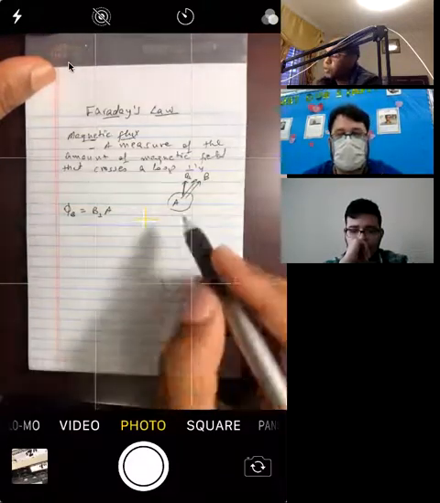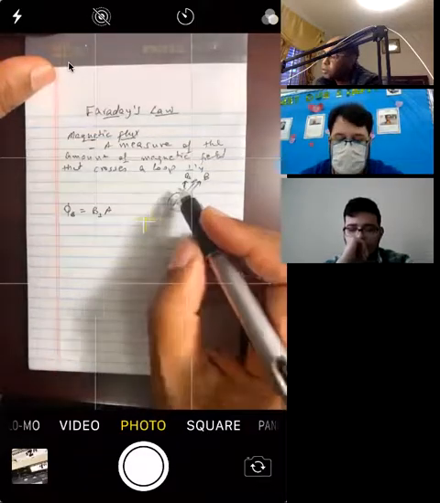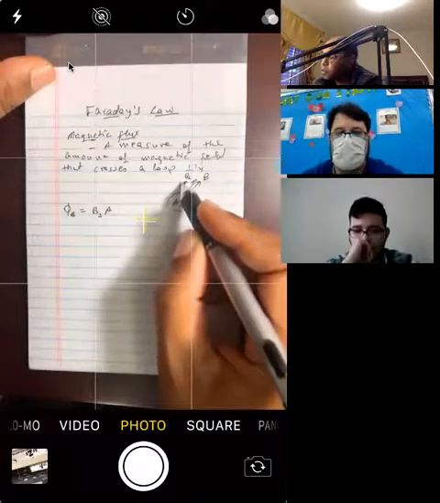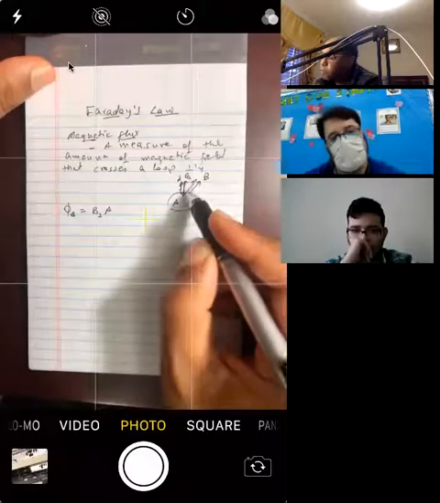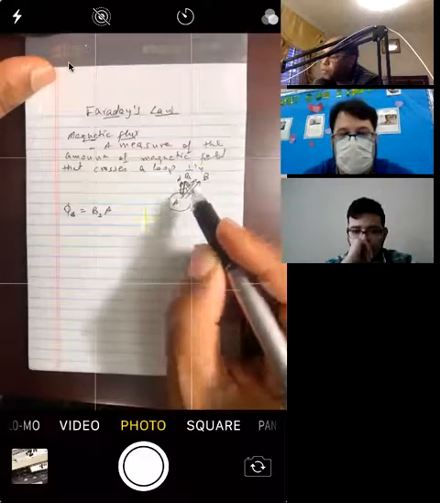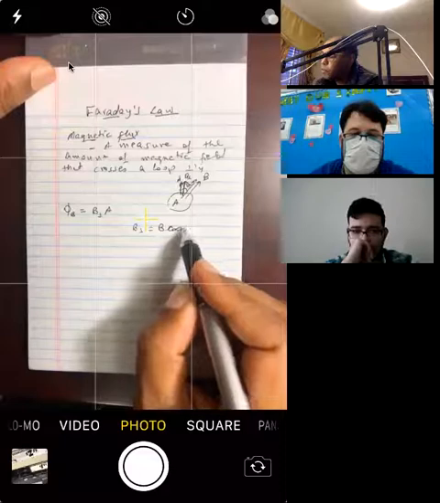Now, if you remember, the direction of the area of the loop is perpendicularly out from the loop, right? So the direction of the area is also this way. So if the angle between the area, this is A, and the field is theta, then we can say B perpendicular equals B times cosine of theta, okay?